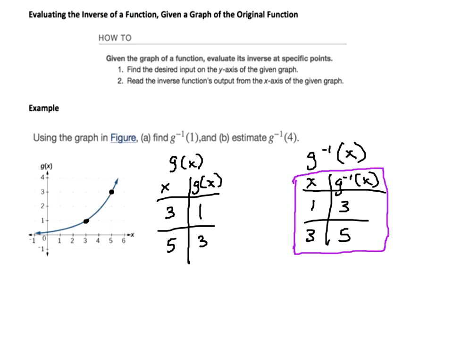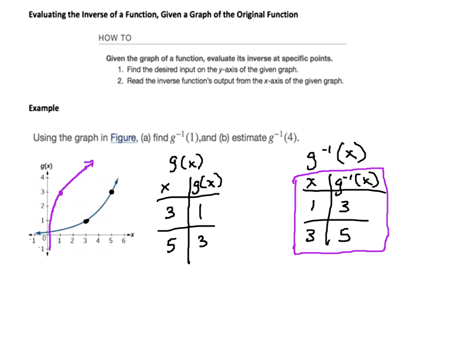So (1, 3) and (3, 5). Okay, so I know what this graph looks like, so I'm able to graph.